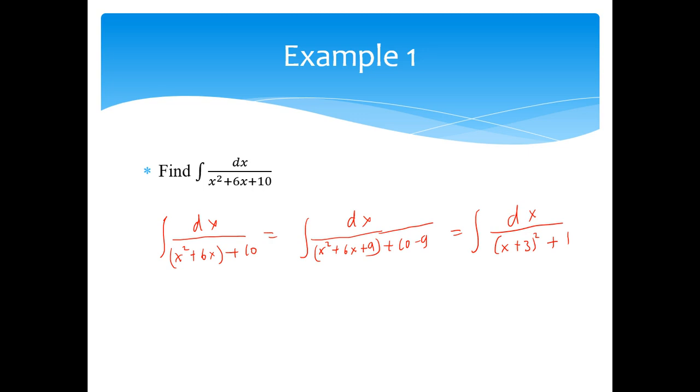So I complete the square, and then if I take the integral of that using u substitution, let u equal x plus 3. That means du equals dx. So then my integration is going to be du over u squared plus 1, which equals tangent inverse of u plus c.